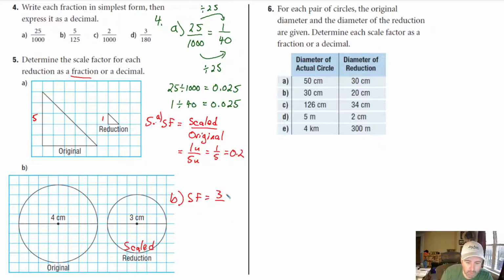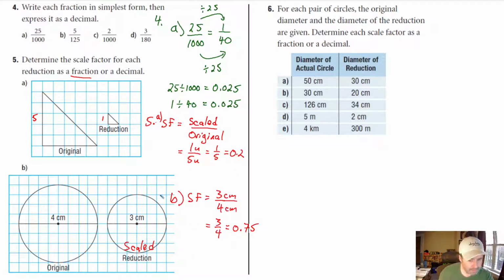So it would be 3 centimeters, sorry, forgot the units, divided by 4 centimeters. And remember, the units have to be the same. So centimeters divided by centimeters. As a fraction, that's 3/4. Centimeters per centimeter go away. And if you want it as a decimal, 3 divided by 4 is 0.75. Okay? All right, so that is how those ones work.